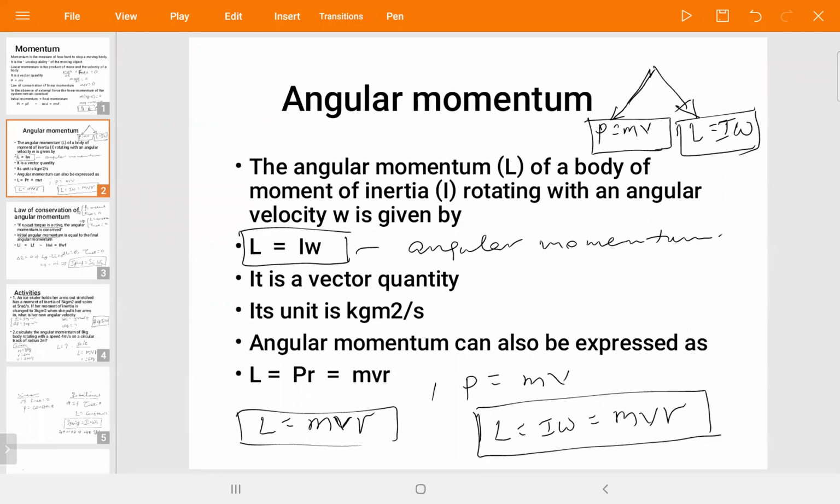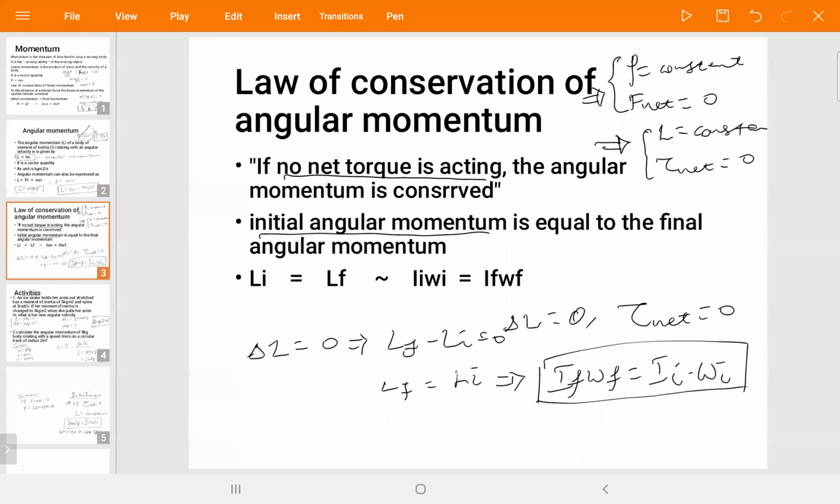We have another, optional way to express angular momentum, which is linear momentum times r. Therefore, we can express it as I times omega or m v r. It's optional to use one of them to determine the magnitude of angular momentum.